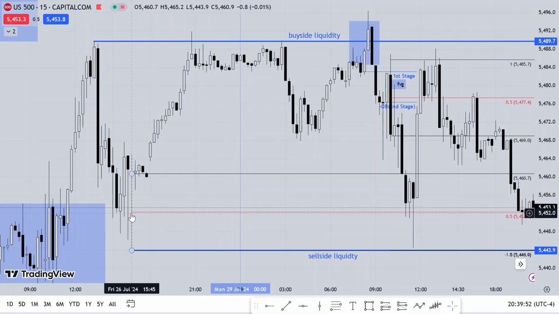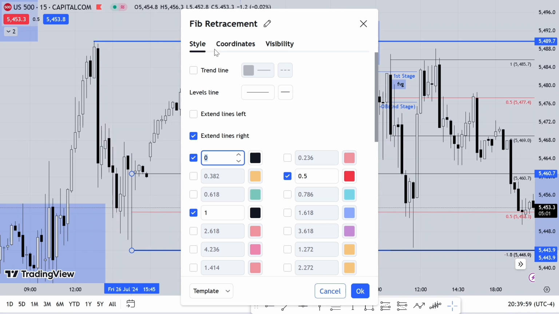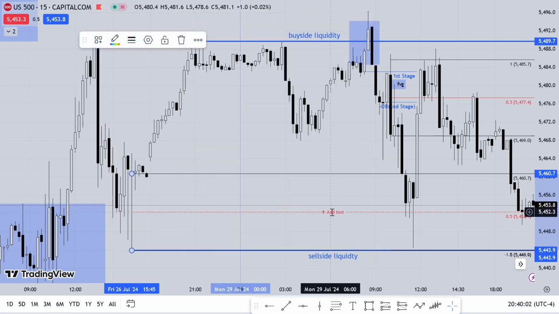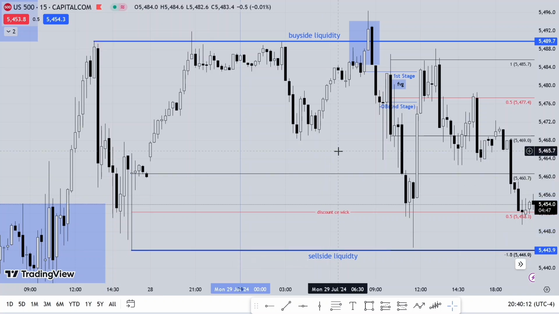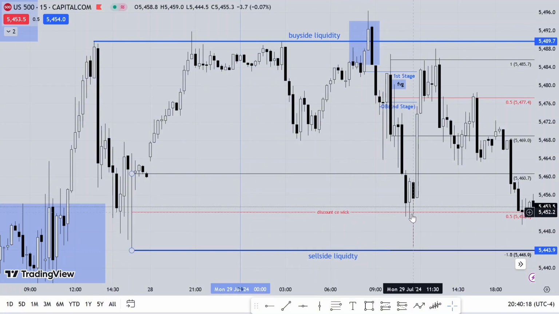So you indicate this as a discount week's consequent encroachment. Does that make sense?